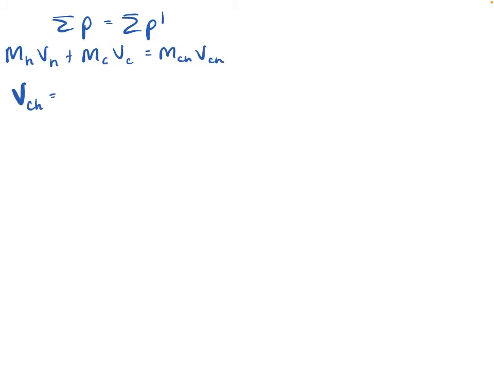So their combined velocity afterwards, well, really I'm just dividing both sides by their combined mass afterwards, but otherwise this is saying the same thing. So this is a nice easy one to rearrange, and that's what I'm going to do. I'm just going to plug in the numbers now, and I should be able to get the velocity of their combined masses afterwards.